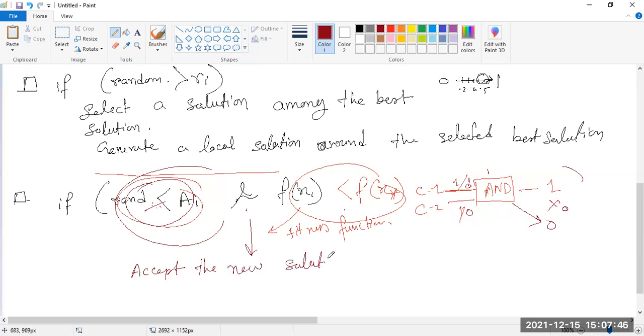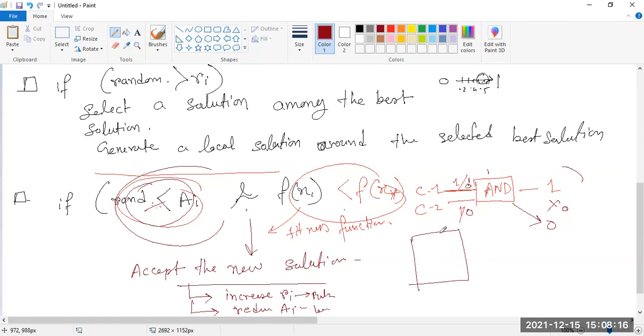What is the new solution? The new solution states that you increase the RI, meaning you have to increase the pulse rate, and then reduce the loudness. This is the pulse and this is the loudness. After that we have to check which one is best.